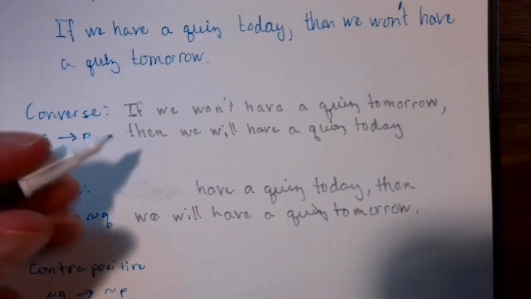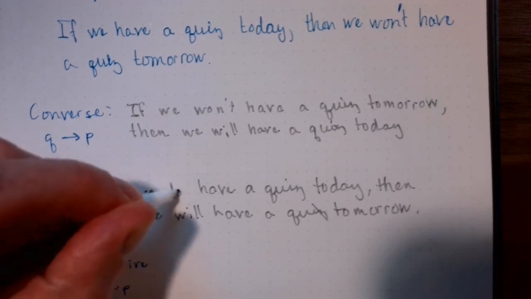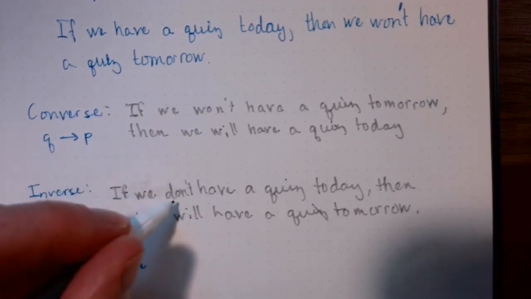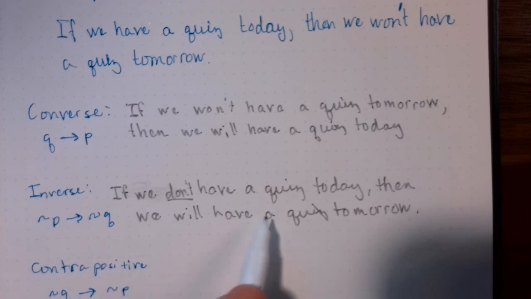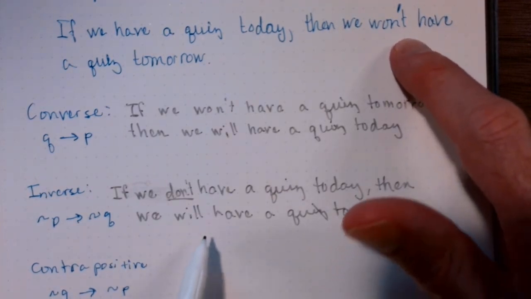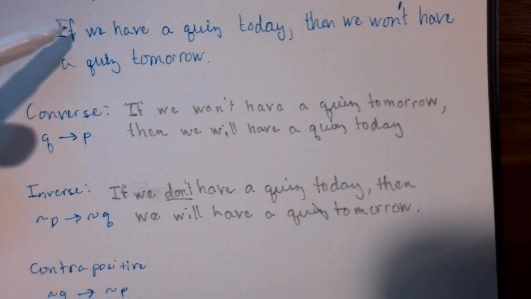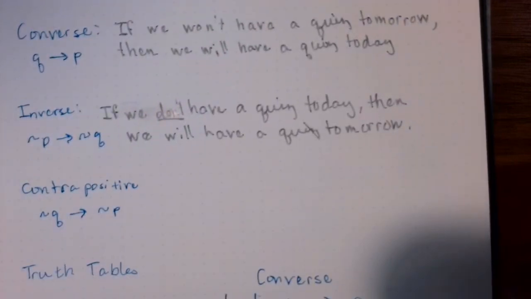It should have been: if we don't have a quiz today, then we will have a quiz tomorrow. Notice in the second part, the original says we won't, and of course if I negate that, that means we will. So that's the inverse.